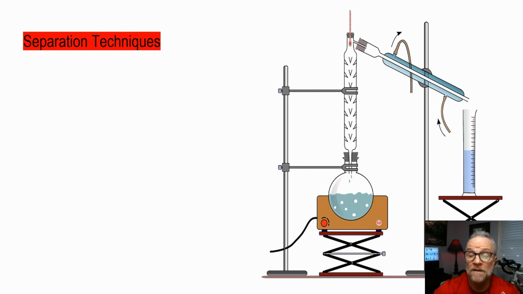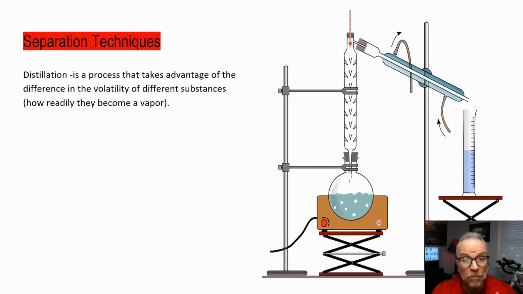Separation techniques continue. This is distillation. It's a process that takes advantage of differences in the volatility of different substances. And so different substances boil at different temperatures because of the dissolved solids in them. So here we have a distillation equipment set up. And this is the distillation tube here. And this is a vat of a mixture of some sort, and it's being boiled.